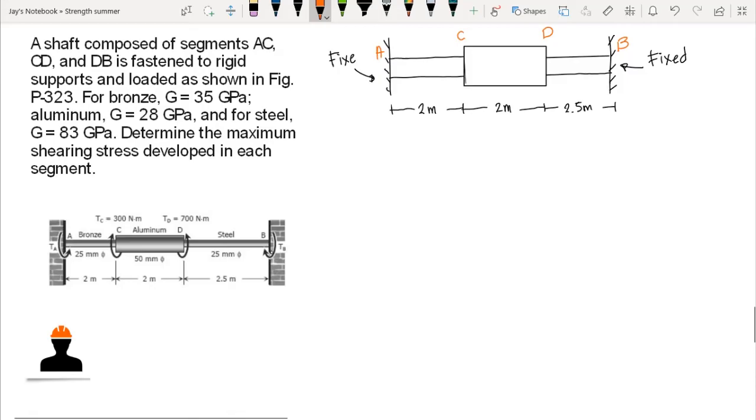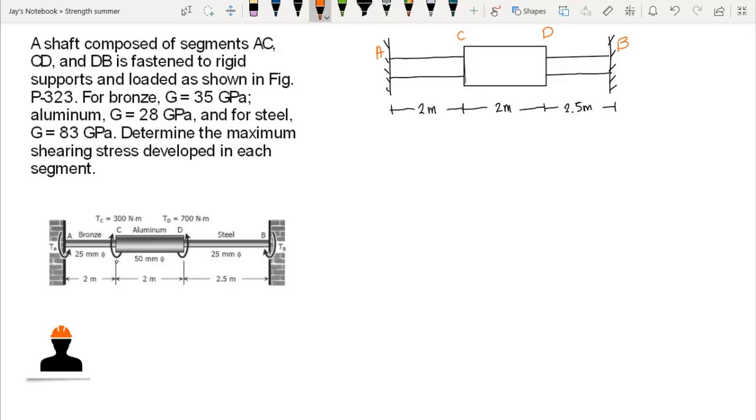Since we have TB here, let's say that is our torque D, torque C, and we have the twisting moment at A. However, we could have two possible ways of determining the internal twisting moment. The first is to cut sections, cutting every segment and using equilibrium to compute the twisting moment, or else we can use a torque diagram.